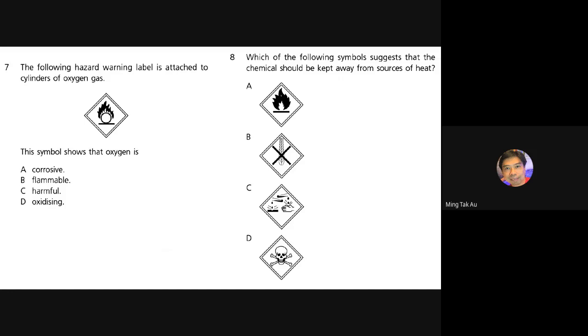Okay, for the following warning label for oxygen gas, cylinders of oxygen gas. So the warning label should be, okay, class number 17. Even. Boy. Even 定 even 啊？F.